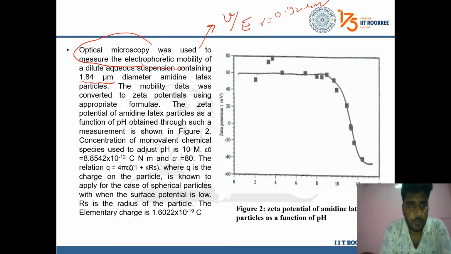The mobility data was converted to zeta potential using an appropriate formula, whether the Debye-Huckel model or the Helmholtz-Smoluchowski model. So the zeta potential of these particles as a function of pH, obtained through such a measurement, is shown in figure 2.